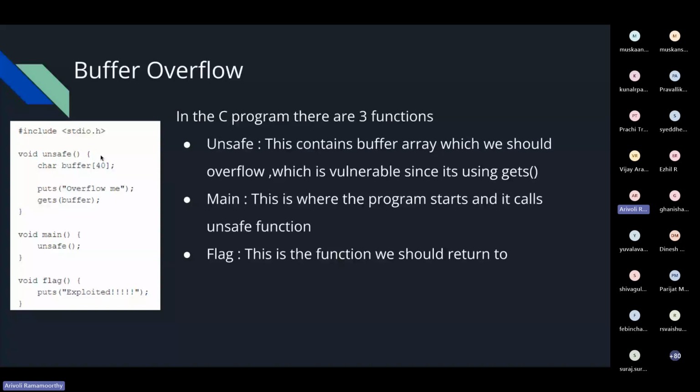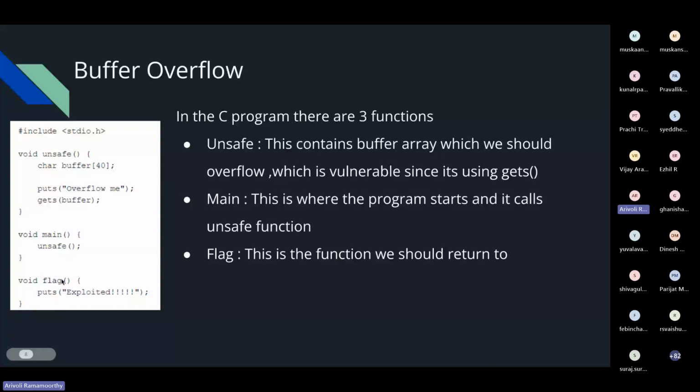What ret2win is, basically, you buffer overflow and then rewrite the return instruction pointer with the address of the function you want to point to. Your return instruction pointer will now have the address of this function named flag, which is known as the win function, which is why it's called ret2win.